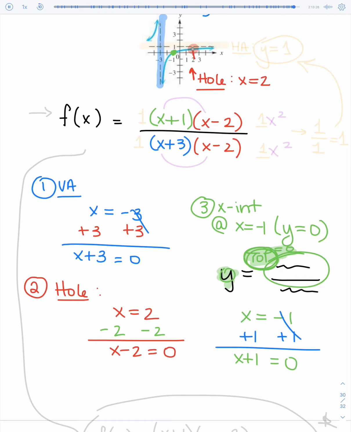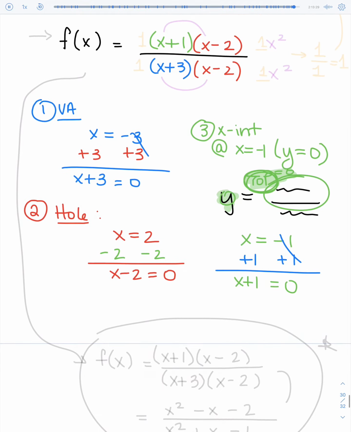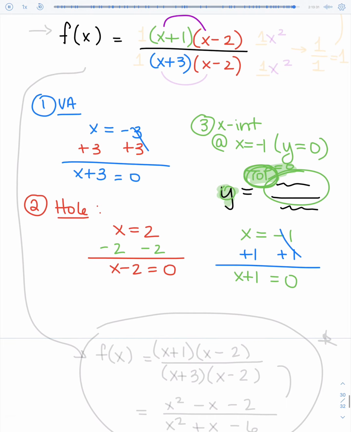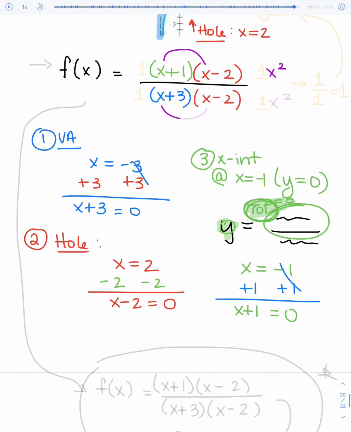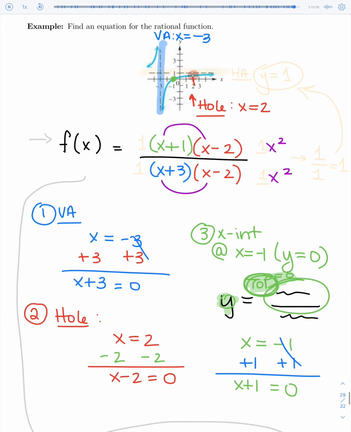Now, inadvertently, what we've done without really realizing it is that the degree on the top is x squared, and the degree on the bottom is x squared too. It means they have the same degree. What we also need to make sure is that we end up with the correct horizontal asymptote, which is a horizontal asymptote here at 1.